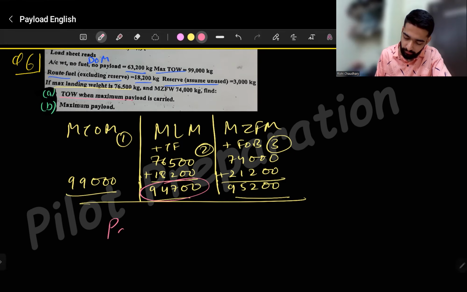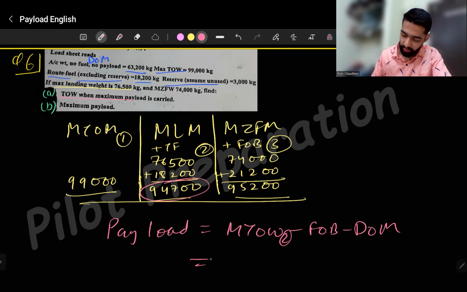So again for payload, what can I say? Payload equals MTOW minus FOB minus DOM. Correct? So that will be equal to 94,700 minus FOB.